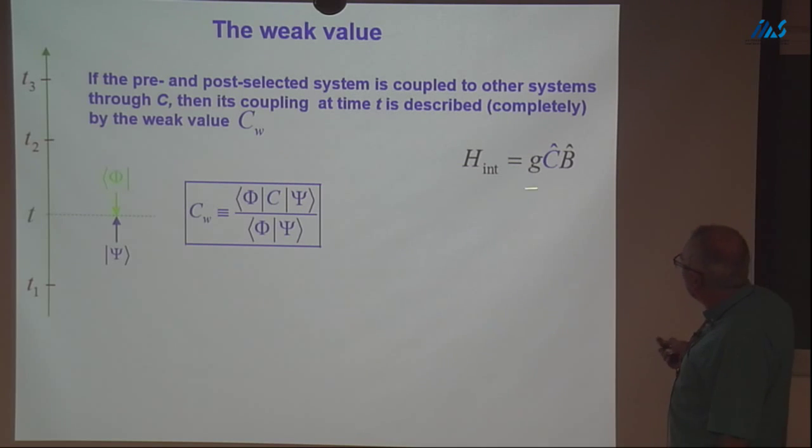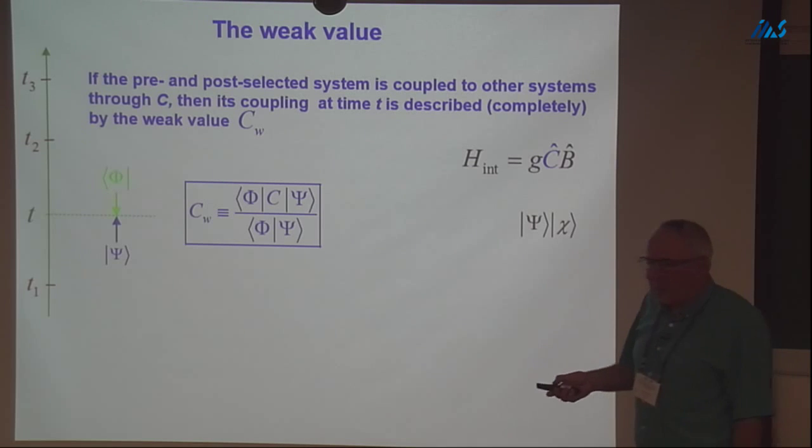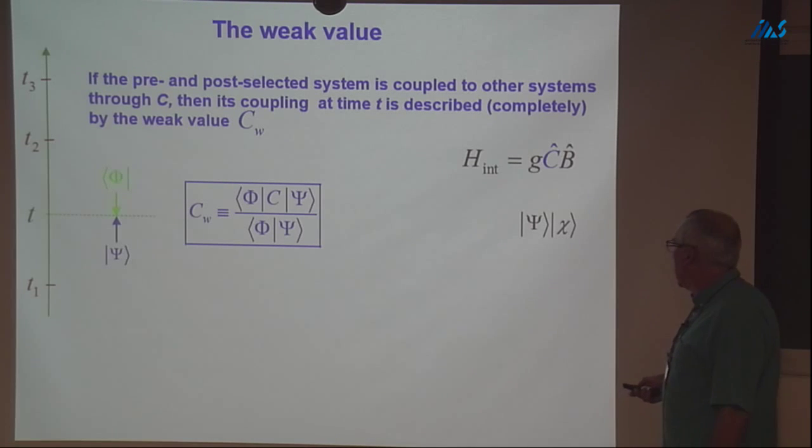I can replace in this Hamiltonian C by a C number. But this C number might be a complex number. Since it's a basic claim, let me even give a proof because it's just one line. I start with my system.